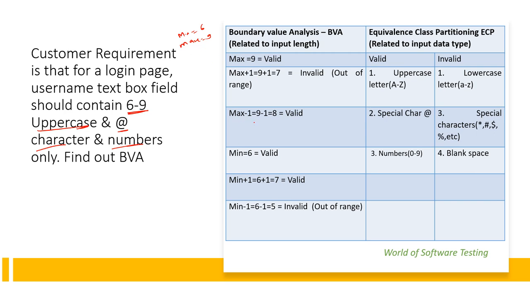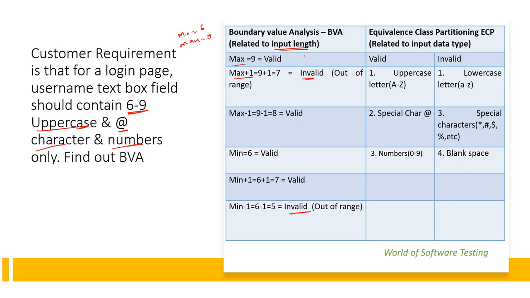The max is valid, max +1 will be invalid because it is out of range, and max -1 is valid. Min is 6, min +1 is 7, which is valid, and min -1 will be invalid. So these two will be invalid. So we can reduce the data with BVA, which is related to the input length.